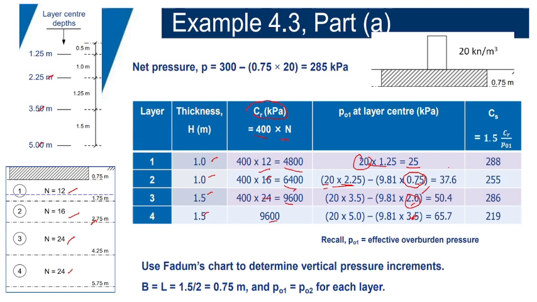Once you have P, the effective overburden pressure, then you can compute CS, because CS is just 1.5 times CR over the effective overburden pressure. That is at the center of the layer. CR is already here, and this PU1 is already here correspondingly. So you get the value of CS.